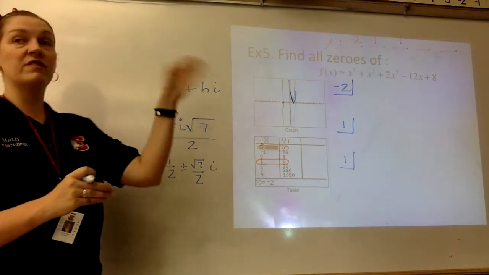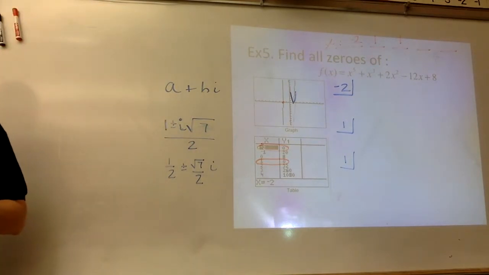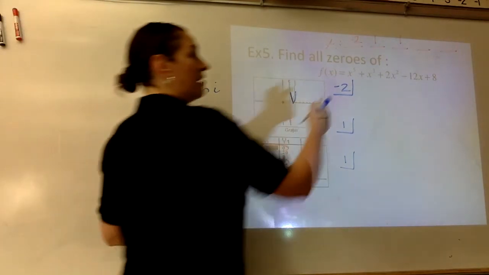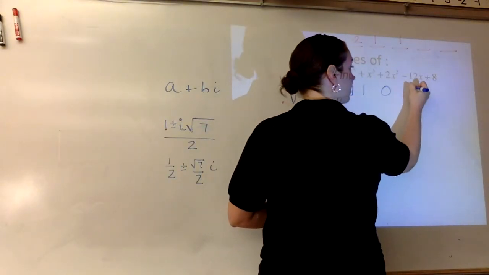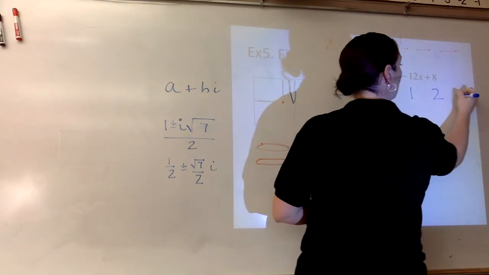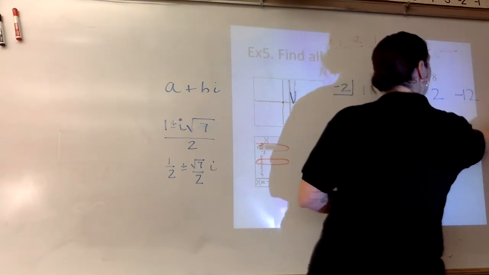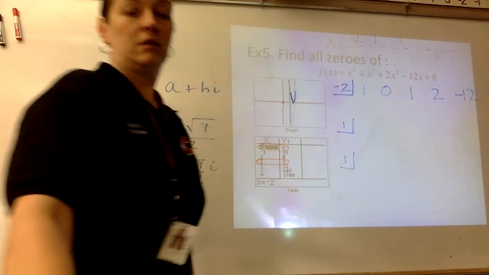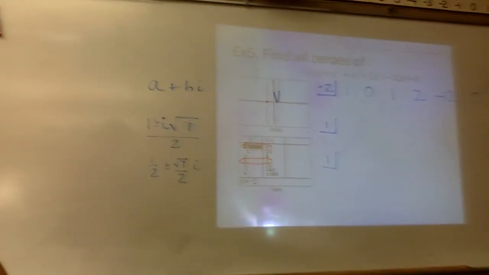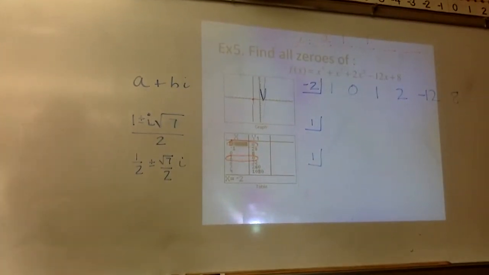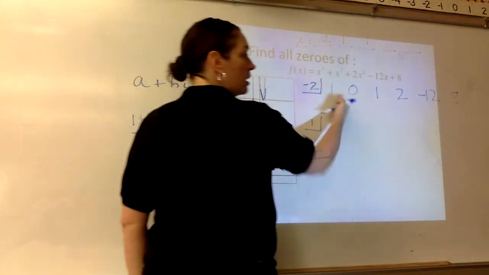Do I have all of the descending powers? What am I missing? I have 5, this is a 1, 4, 3, 2, 1, and 8. Correct? So don't forget your 0. Start here.